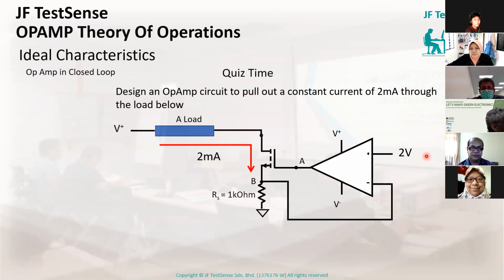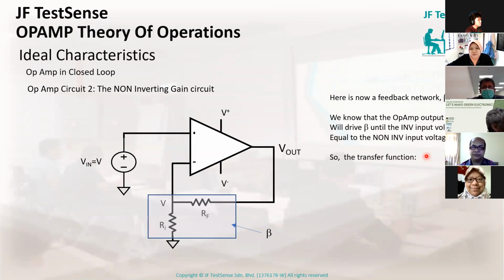Okay, since time is short, I'll just rush through. As I mentioned, the feedback parameter, beta, is the one that defines the forward function of the op-amp. In this case, this is a non-inverting gain circuit.